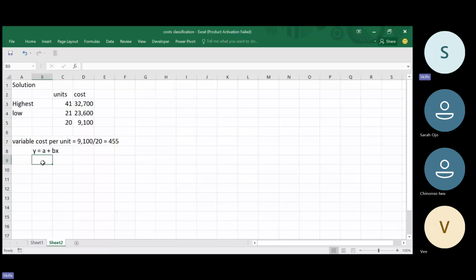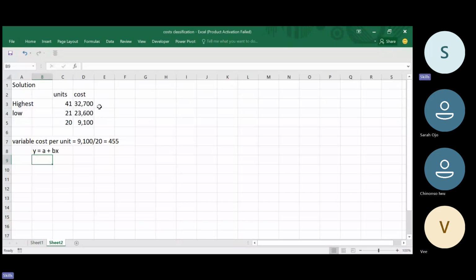So now we use this formula for the highest, which is 41. For the highest, which is 41 units, our total cost is 32,700. Is that right?